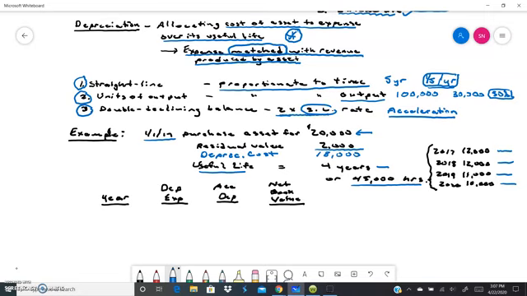We're just going to make an assumption that we know how much that machine is going to be used in those 4 years, just for purposes of being able to do the computations. But in real life, obviously you couldn't do 2018 depreciation until the end of 2018 when you knew how many hours that machine actually operated.